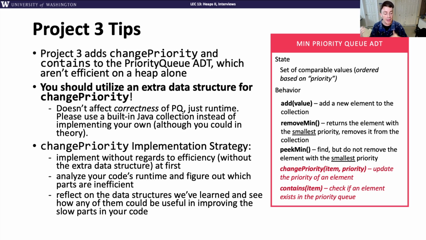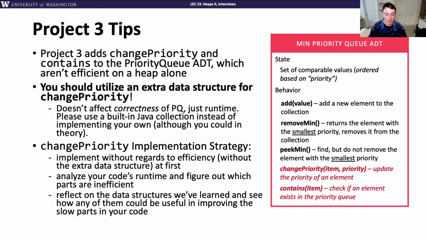And so you might want to reflect back on the data structures we've learned so far and figure out, is there a tool here that can help me solve this particular task? Again, the backbone of what you're going to be implementing is this array structure for the heap. But you might want another structure on top of that, another structure that you also use to help you answer some slightly different questions that the heap doesn't do very well. I'm going to leave that to you as something you're going to try to figure out. Use the things we've talked about so far and apply that to trying to solve this.